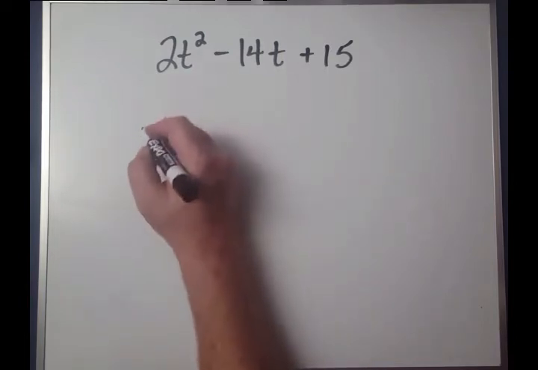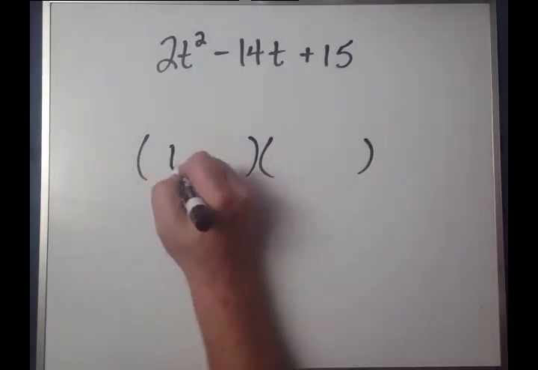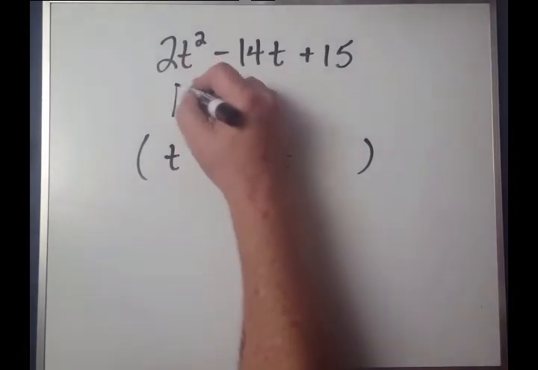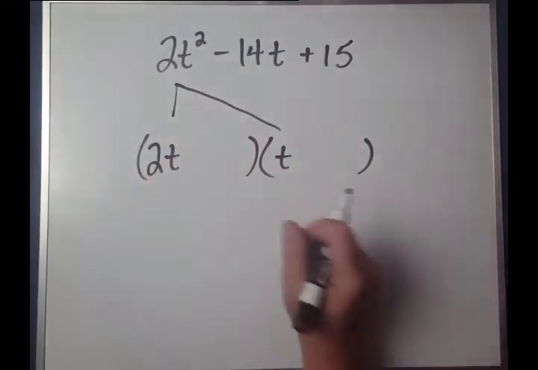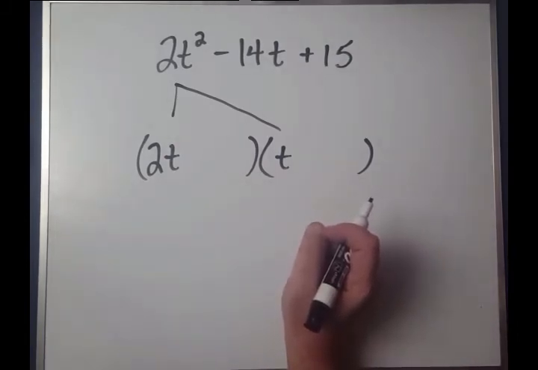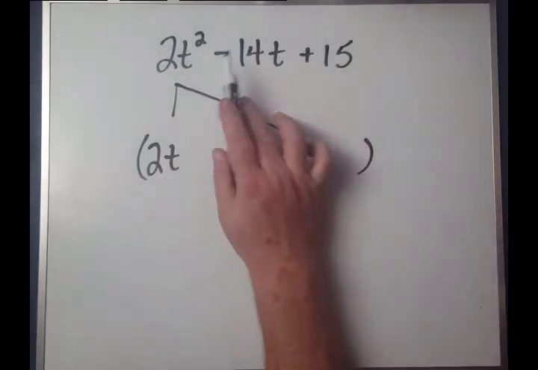If this factors, it will factor as a pair of binomials, each starting with some t term. In fact, I can say more about this one. 2 is prime. The only factor pairs of 2 are 2 and 1. If it factors, that's guaranteed. I'm not guessing at anything. I still didn't show you what that sign meant on the last one, did I?